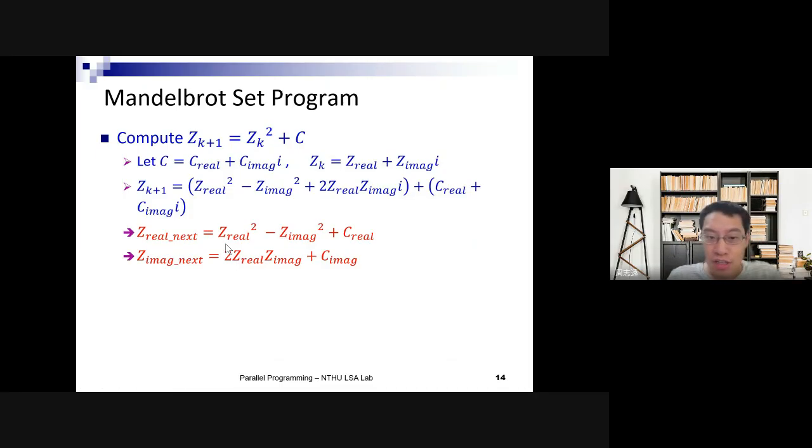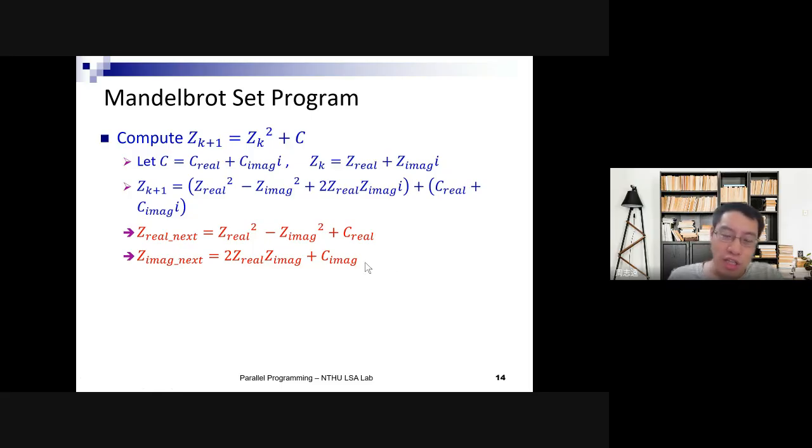But for this course, what we only care about is computation: how we parallelize computation for solving the Mandelbrot set problem. The computation is actually not that complicated because, of course, this is an embarrassingly parallel computation.